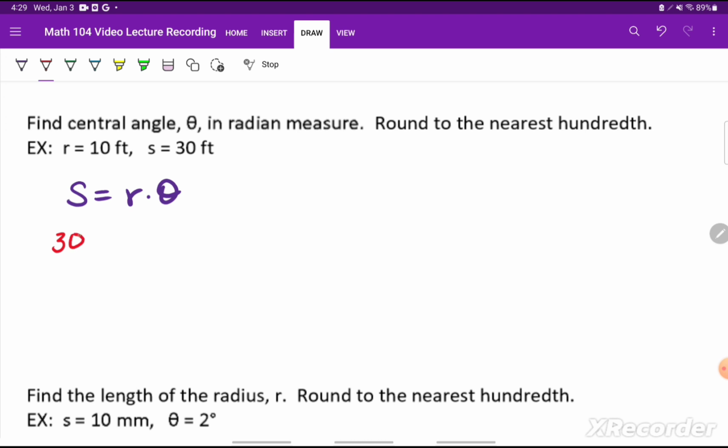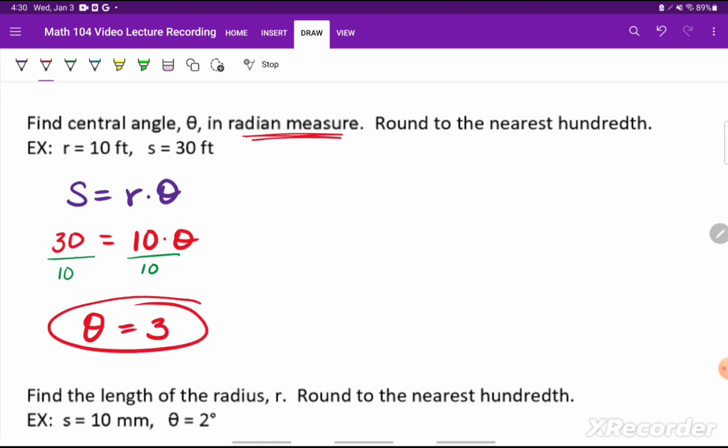So we have 30 equals 10 times theta, and now we need to solve for theta. We'll simply divide both sides by 10, and we get that theta is equal to 3. And it told us to leave it in radian measure. Well, that's what our formula spits out, is radian measure. That's the only thing we can plug in. So when it spits out an angle, it's always going to be in radian. So 3 radian.